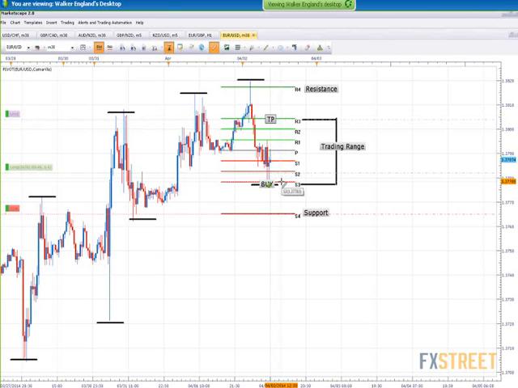Now, because camarilla pivots are equidistant, if I measure down from S3 to S4, that's going to be half the distance of my trading range, and that's going to come in right at 12.5 to 13 pips. So if I set up my trade, again, buying support in my trading range and looking for a take profit at the top portion of my trading range, that's going to allow me to have a positive risk-reward ratio of 1 to 2 if I set my stop down below support.